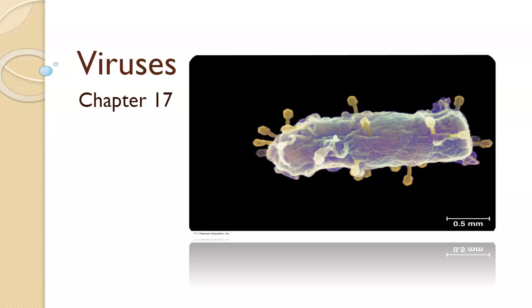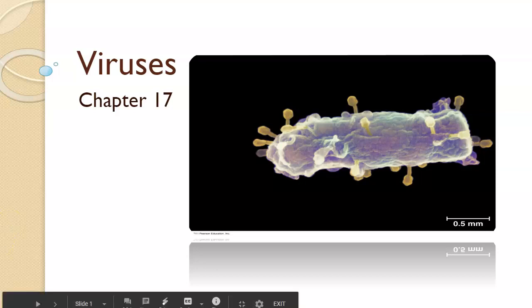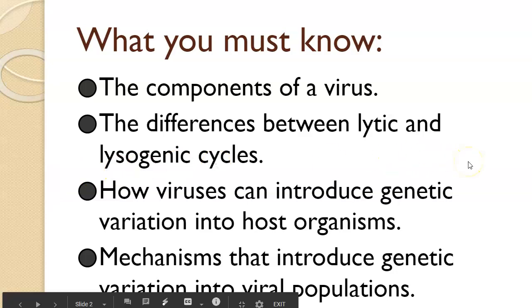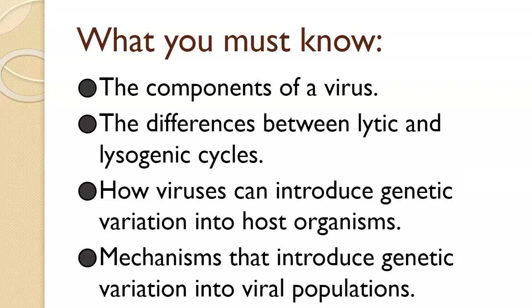All right, friends, the last chapter included in Unit 6 for AP Biology is viruses. I think they lumped it together because it kind of goes with biotechnology, but here we are. So we are going to learn what the components of a virus are, how it infects cells.